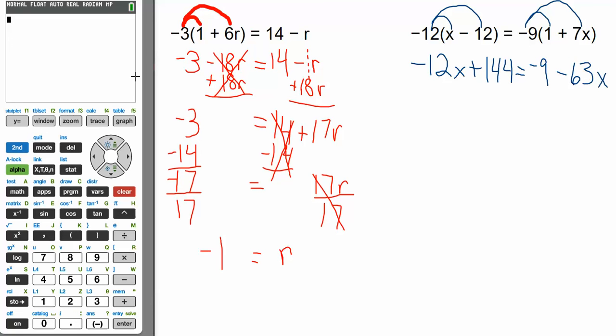And the reason why is because just like in the previous problem, when we eliminated the smaller coefficient on a variable, it ended up giving us a positive number, and that was one less thing to worry about. So instead of minus 63, we're going to do the opposite, plus 63. And of course, property of equality, do it to both sides.